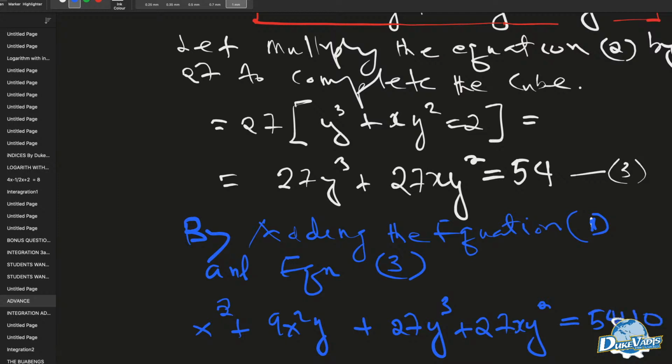Beautiful. So let me do something over here for us to have a look. You see, is it not beautiful?